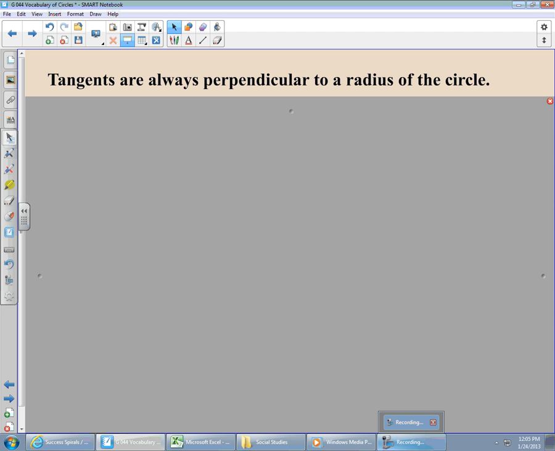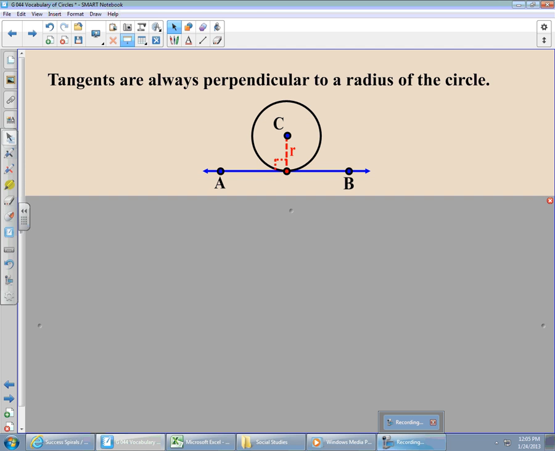We don't have to understand all the pre-calculus stuff, but tangents are always going to be perpendicular to a radius of the circle. Which is to say, again, there's that diagram from the last one. Where line AB made contact with the circle, which we call the point of tangency, if you connect a radius to the point of tangency, then there's going to be a rule right there.